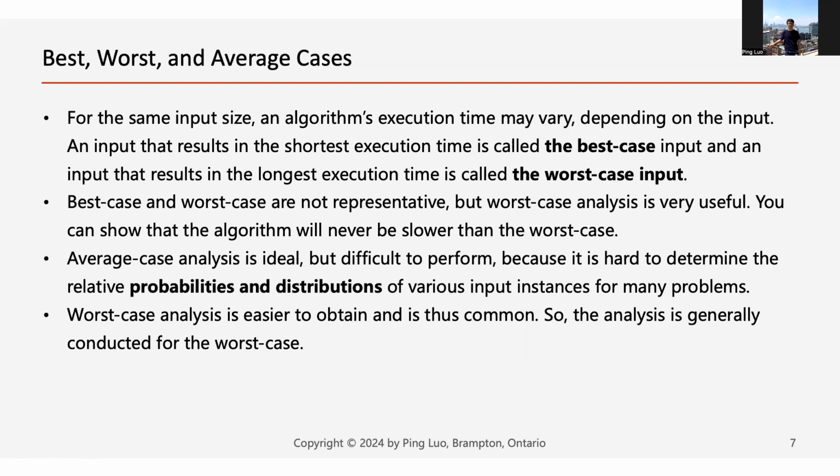That's the worst case. We need to compare every element. Although best and worst cases are not representative, not the average, if we know the worst case of an algorithm, we can say, okay, no matter what, this algorithm can never be slower than the worst case. So this kind of analysis is very important.